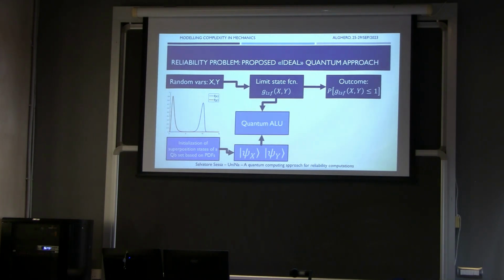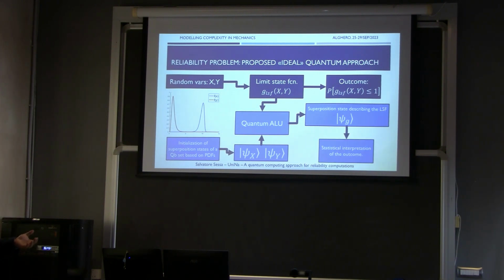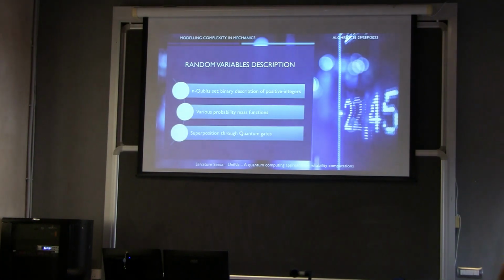These can be interpreted into an arithmetic logic unit, and then we get a final superposition state relevant to the limit state function, so that if I am able to make the backward interpretation of this superposition state, I can get the probability density function of the outcome. And actually, the research that I am presenting is focused on these forward and backward operations with random variables.